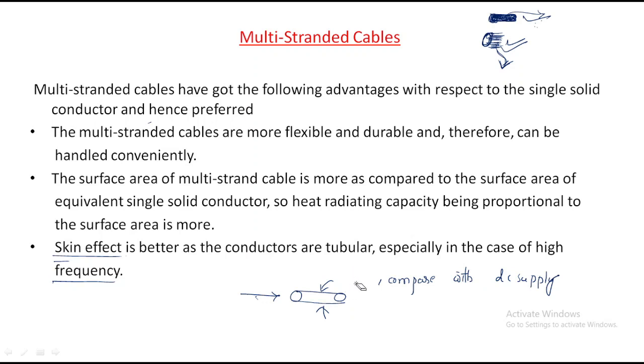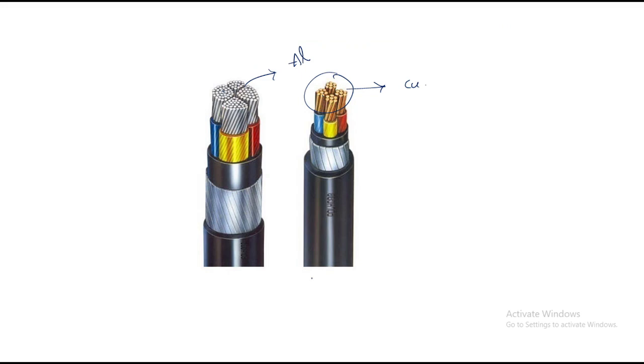Sorry, low resistance. So simply, skin effect is nothing but the current flowing in the surface area of the conductors, because there is less resistance on the surface and more resistance in the inner part.